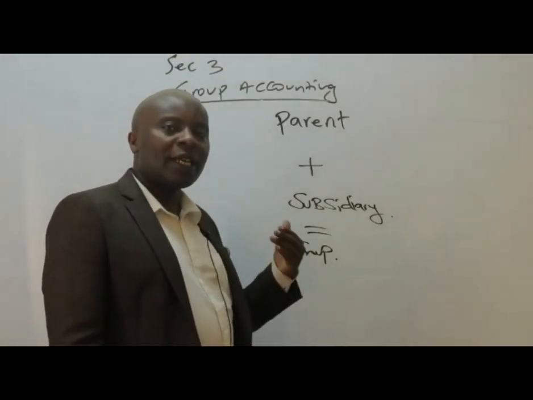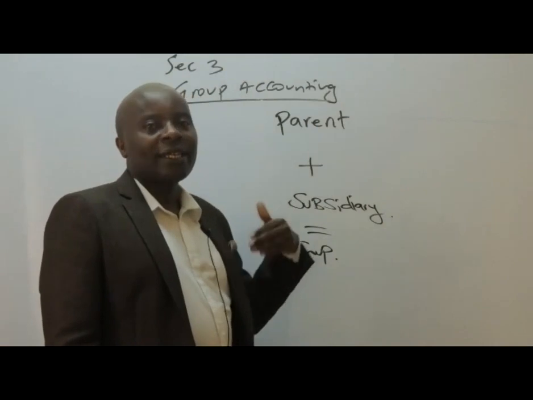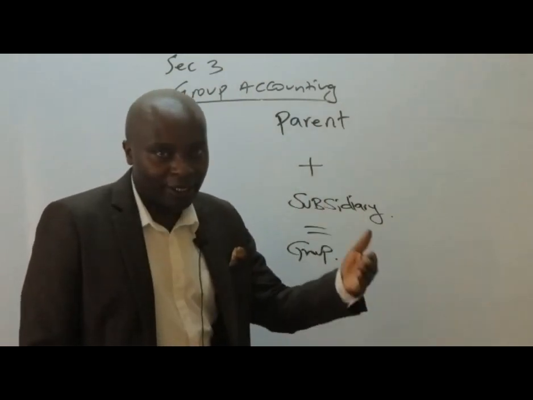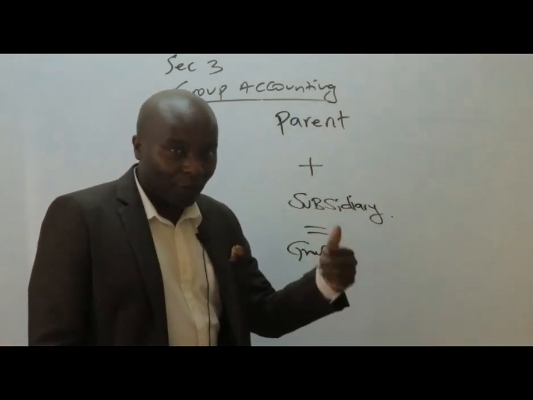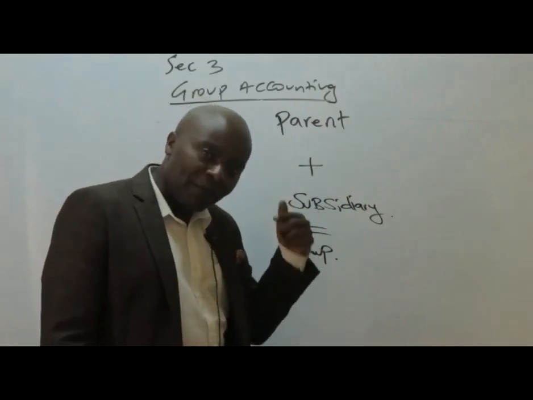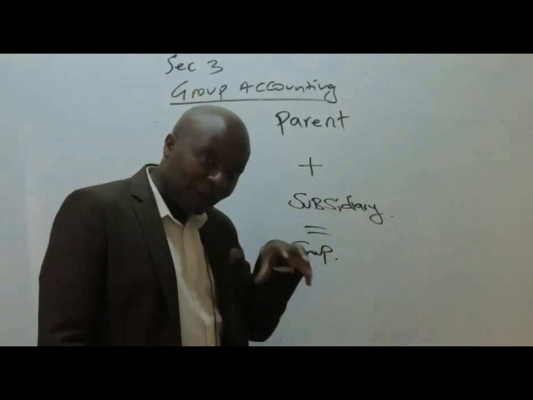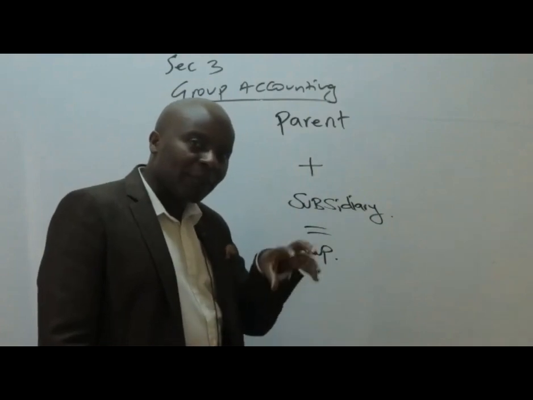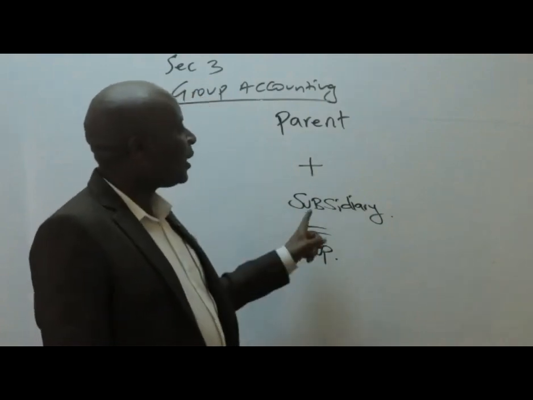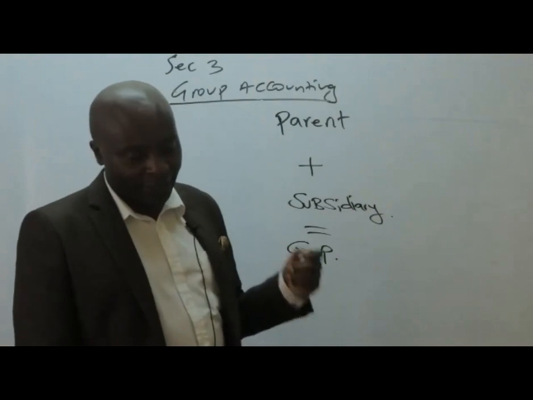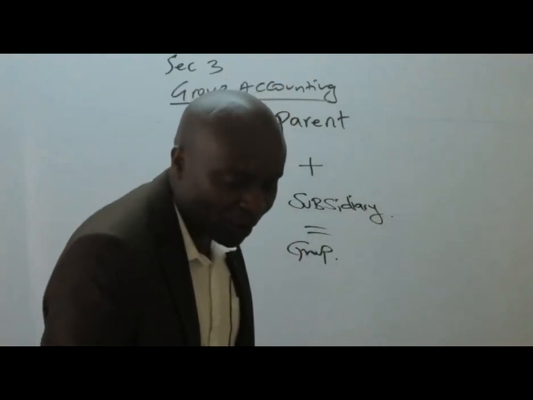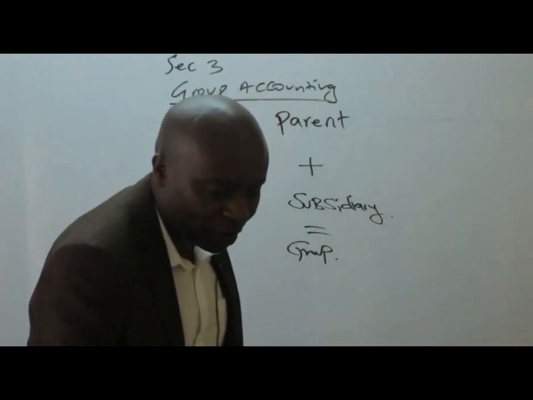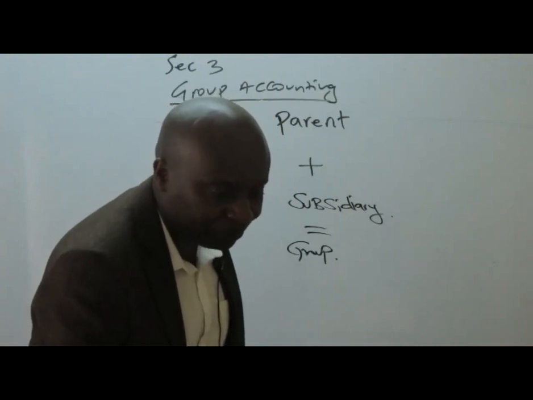So a group is anytime you look at related companies, in which we have a parent in that family, plus a subsidiary. As you shall be seeing later on, subsidiaries can be many.